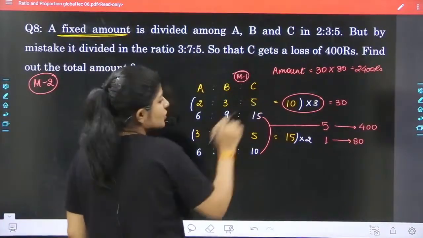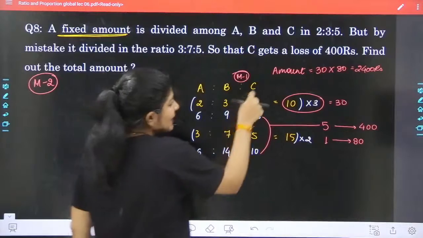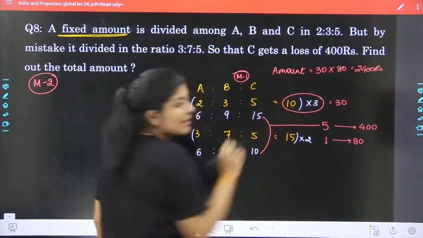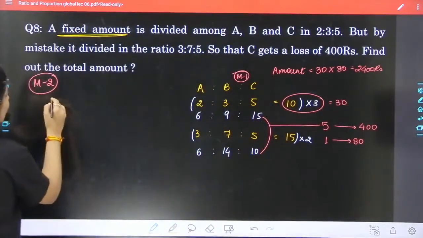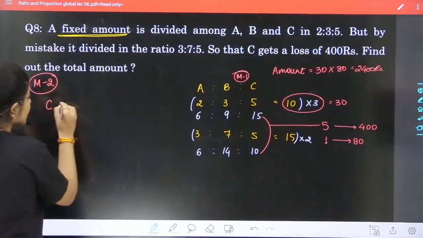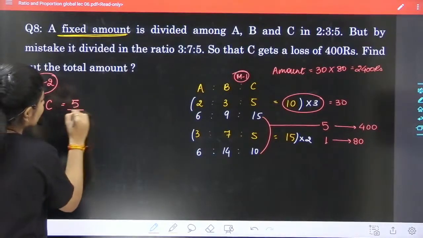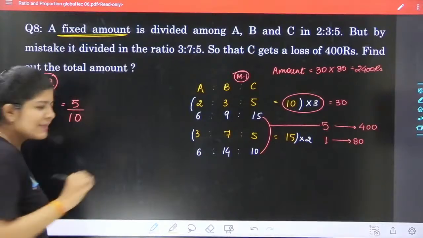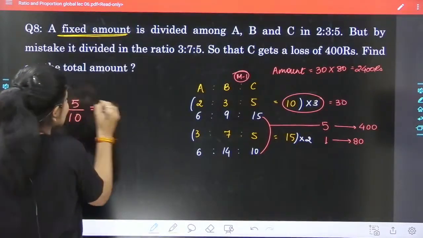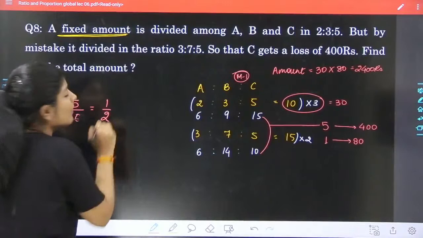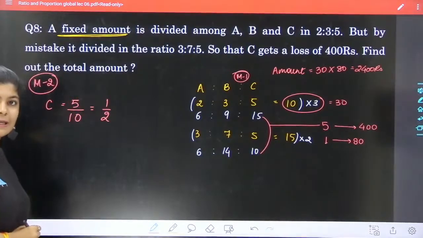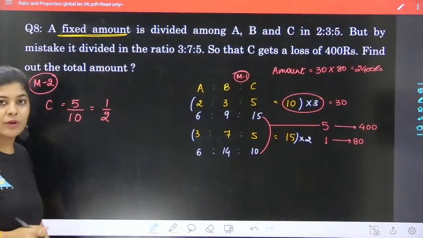From the first ratio, I can say that C is getting 5 rupees out of 10. That means C is getting exactly half the amount, right?